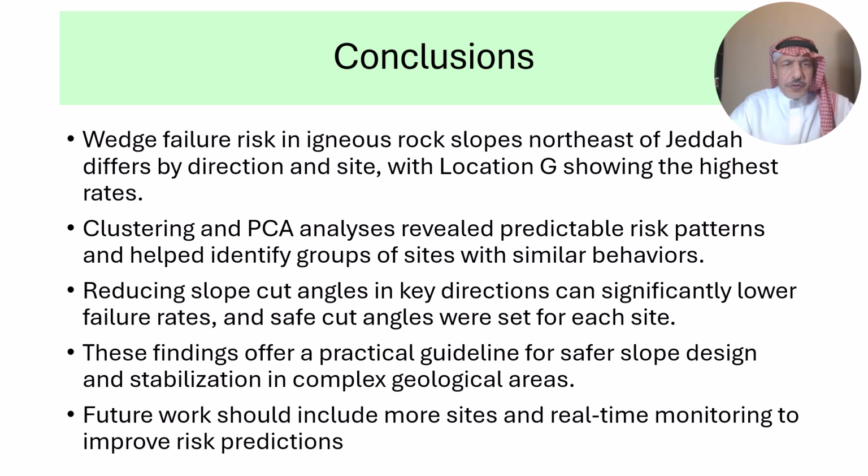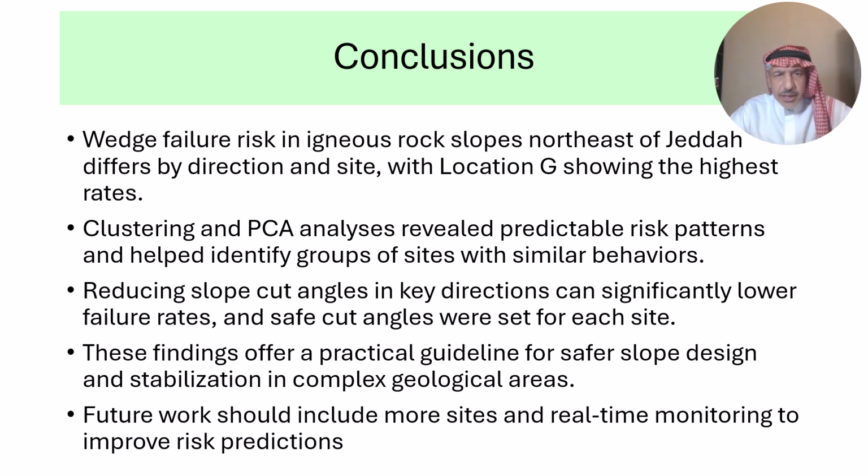Conclusions. Wedge failure risk in igneous rock slopes northeast of Jeddah differs by direction and site, with location G showing the highest rate. Clustering and principal component analysis revealed predictable risk patterns and helped identify groups of sites with similar behaviors.